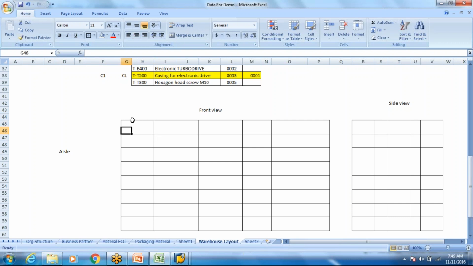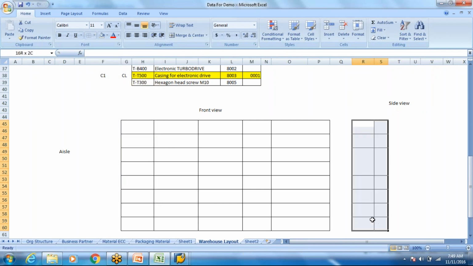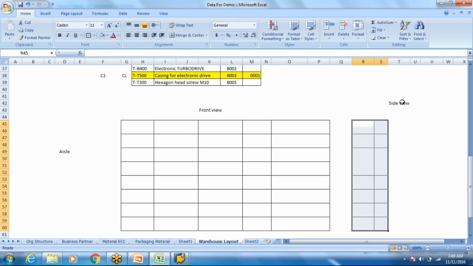You will place product here, and behind it is 5 deep, or, just for ease of understanding, let's keep it as 1D or 2D at most. I'm just showing you a typical arrangement that we'll have in this strategy. So this is the front view of an aisle, and you see product stored in this aisle.